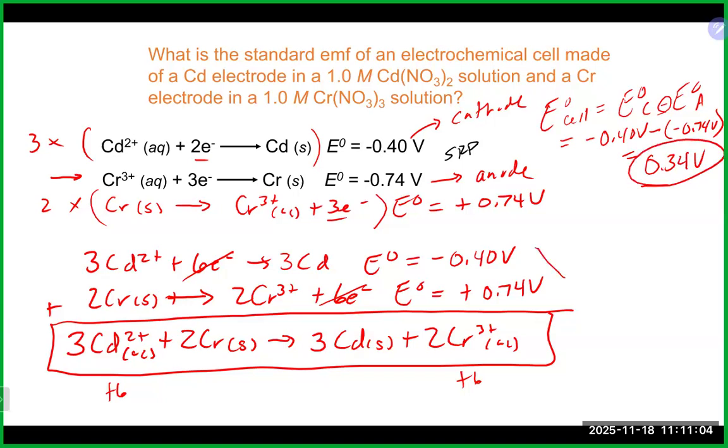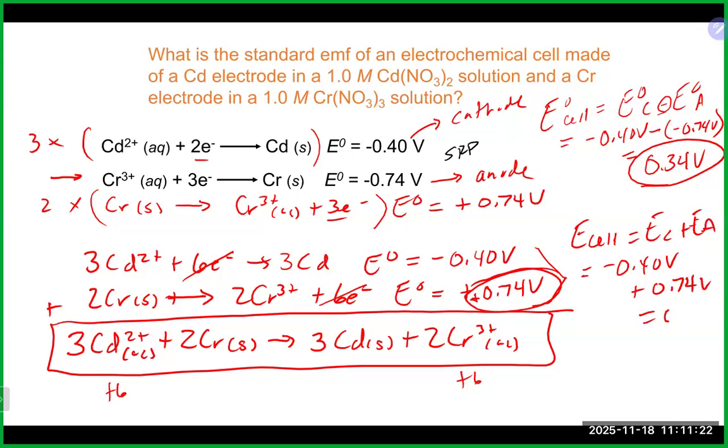Or we could just do what we have here, where I already changed the sign, so I could just take E of the cell equal to E of the cathode plus E of the anode, where I have already changed this sign, and just add them together, which is essentially what we did above. And that gives us 0.34 volts. So again, you can do it either way. They both should end up with the same answer, as long as you just don't do them both together.